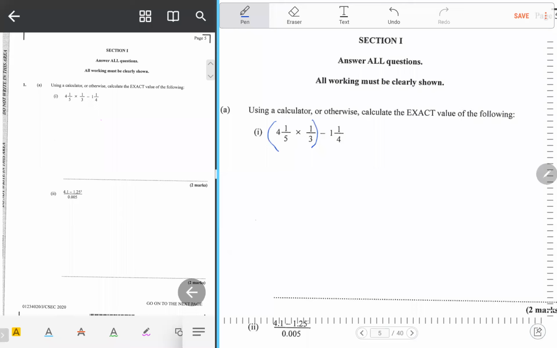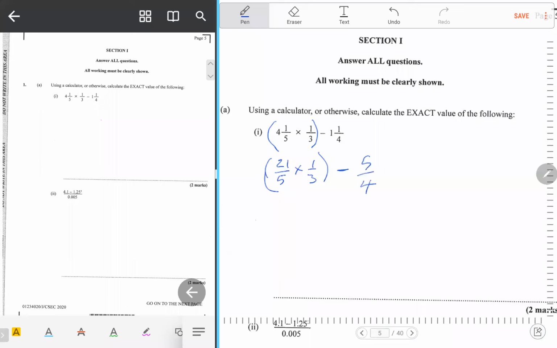So this improper fraction works out to 5 times 4 plus 1, which is 21 over 5, multiplied by a third. We're changing this improper fraction as well, to be minus 4 times 1 is 4, plus 5 over 4. Good.